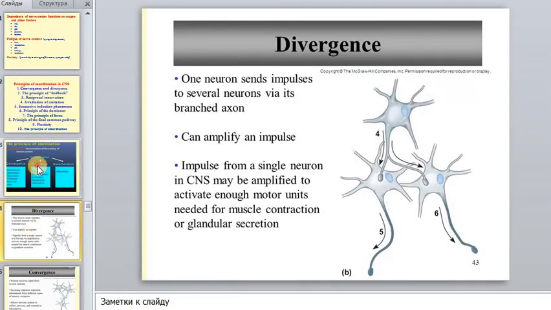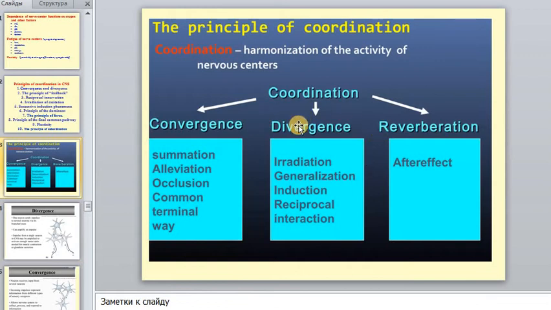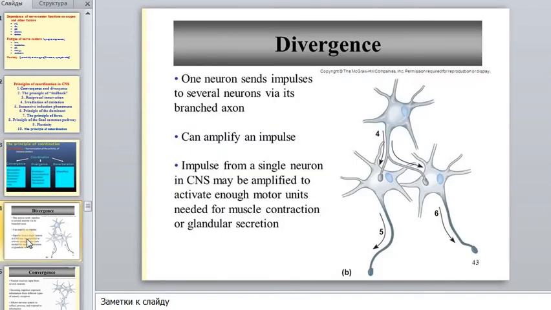For example, what is divergence as a part of the coordination function of the nerve system? Divergence: one neuron sends impulses to several neurons via its branching axon and can amplify an impulse.